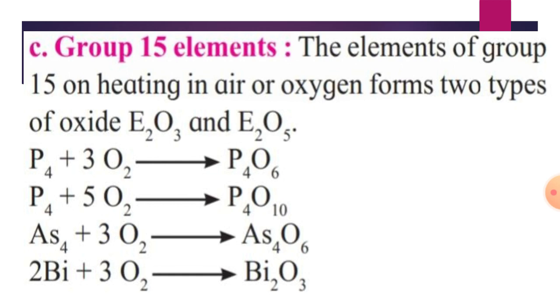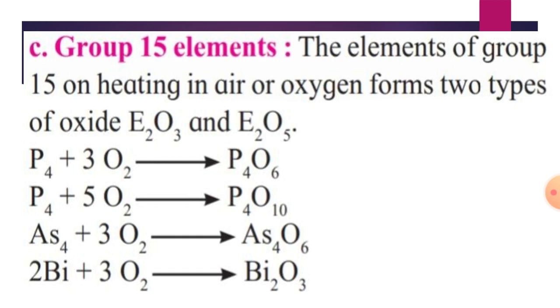So let's say the first reaction: P4, that is phosphorus, plus 3O2. O2 is your oxygen. When P4 is reacted with 3O2, arrow, on the arrow there is a triangle sign. It has not been given because we are applying heat. So it gets converted into P4O6.